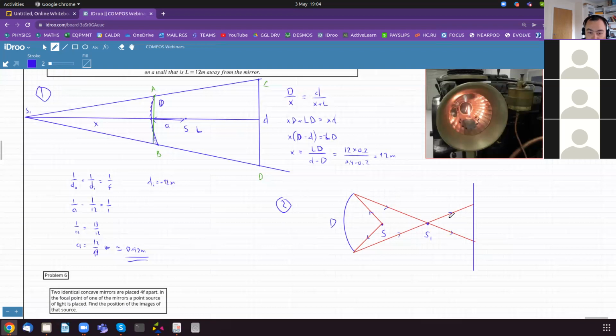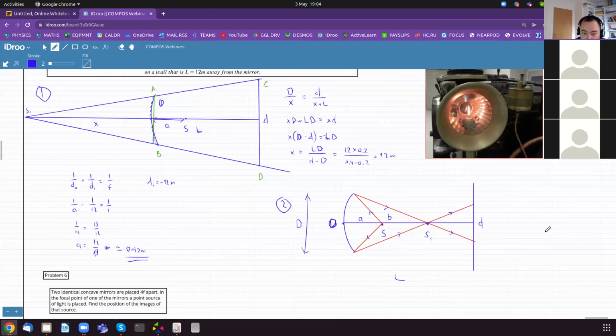So this is D, this is D small, this is the optical axis, and the whole thing is L. Now this is A, and we will call this B. B is the distance from this point to S1. Let's call this O, and this is D, so that it's less confusing.